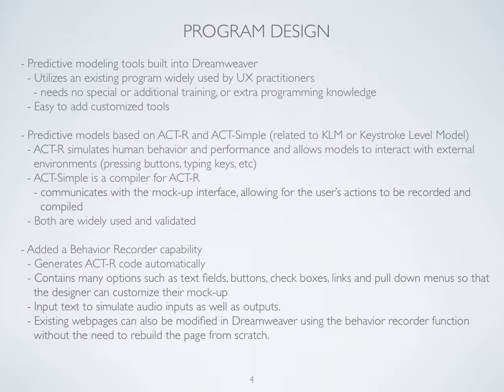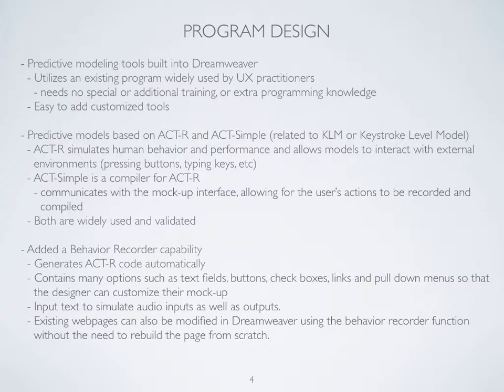ACT-R simulates human behavior and performance and allows models to interact with external environments such as pressing buttons or typing keys or pull-down menus. And ACT-Simple is the compiler for ACT-R, which communicates with the mockup interface, allowing for the user's actions to be recorded and compiled. And both ACT-R and ACT-Simple are widely used and validated models.